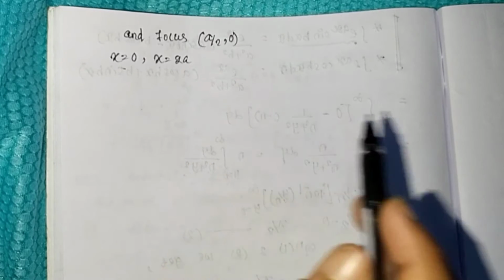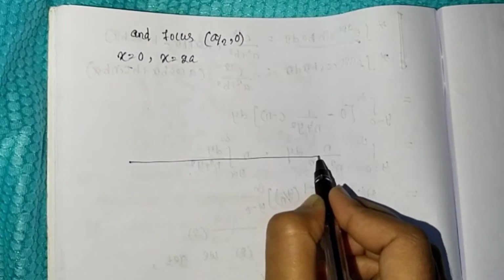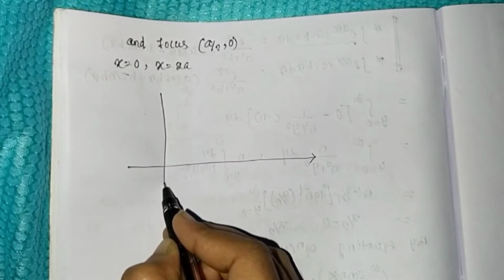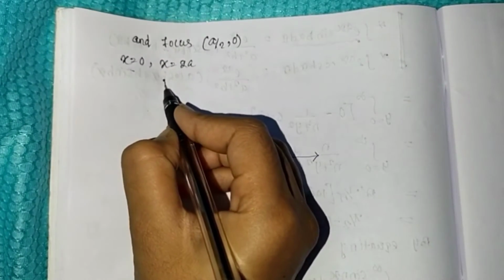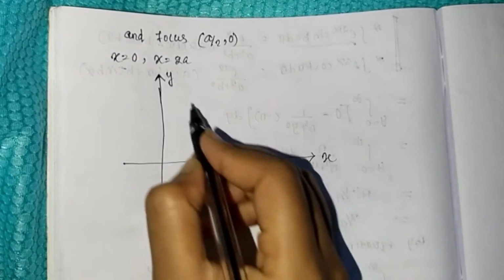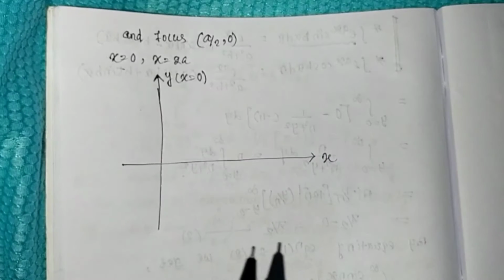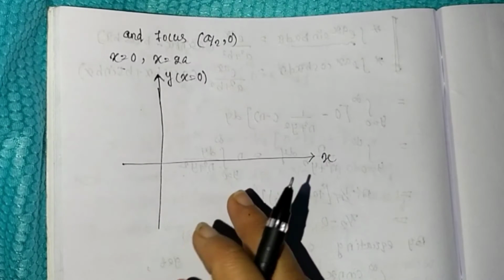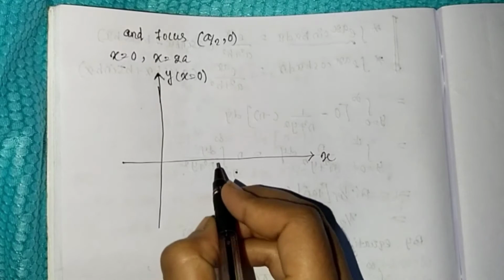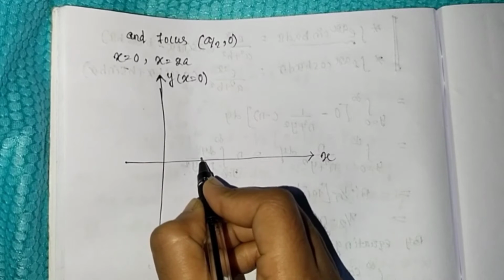Then we see the diagram. So that is our x axis and this is our y axis, and this one is x equal to 0. Then first we see the region, a circle whose radius is a and center is a, 0.